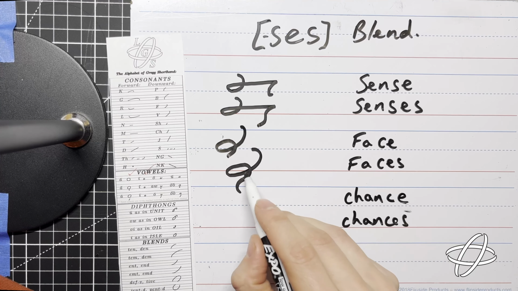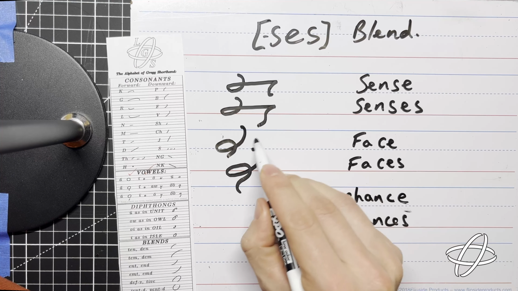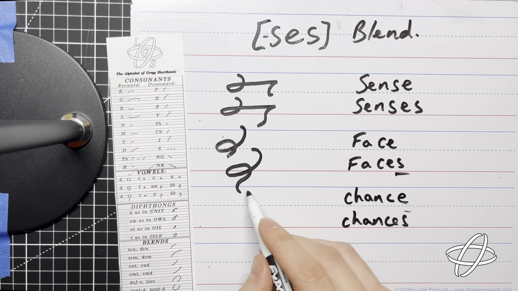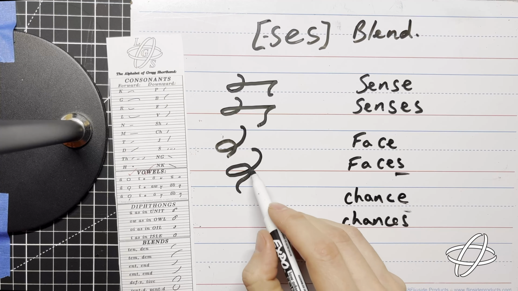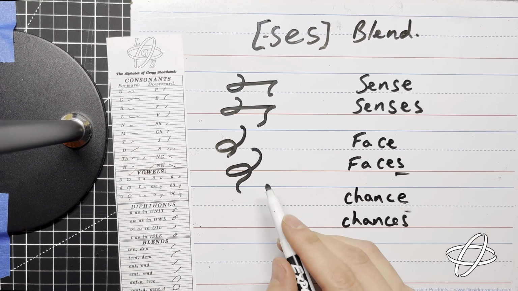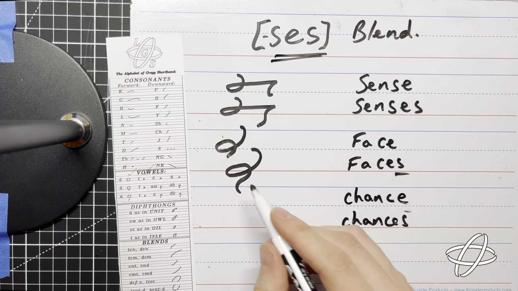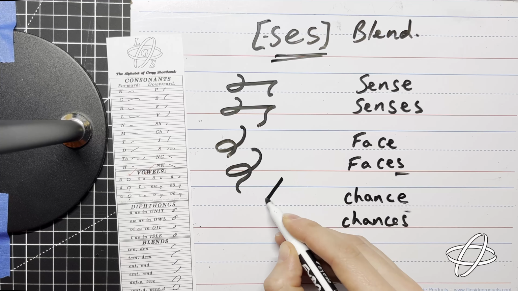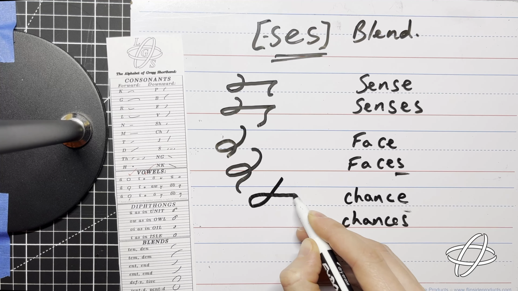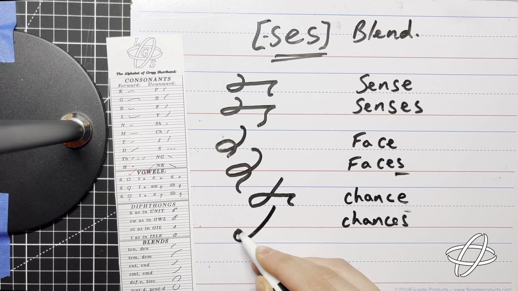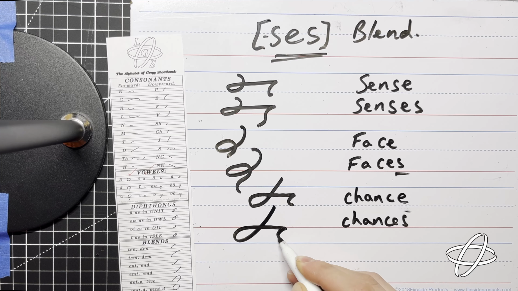So you'll notice that this blend is in the opposite direction as this blend. So it's basically anytime you want to add a plural S, you just double back on the current S that you are writing from and use that to indicate the SES sound. Let's do one more, chance, CH-A-N-S, versus chances is CH-A-N-S-S, chances. Okay.